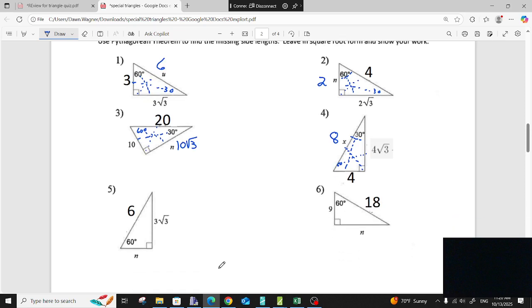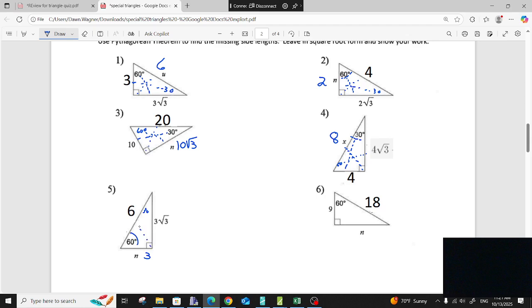So, do we see a pattern here? What's going to be across from the 30 for this one? 3. Because across from the 30 will always be the smallest side. Across from the 60, you take that small side and multiply it by square root 3.